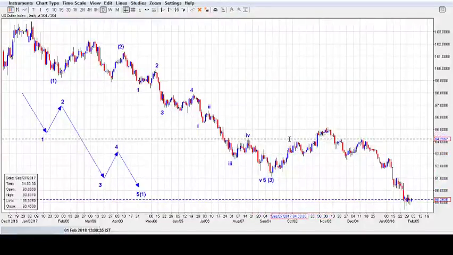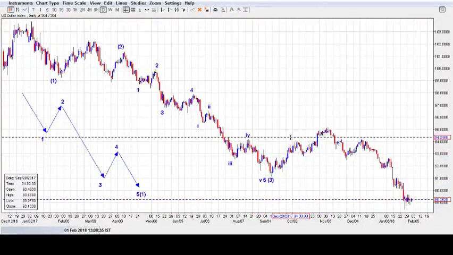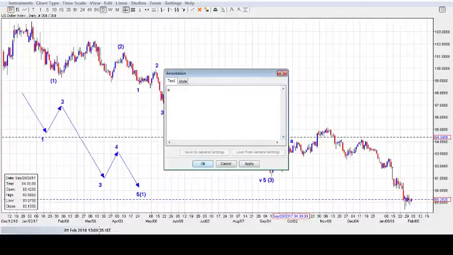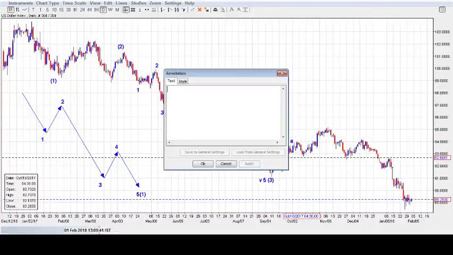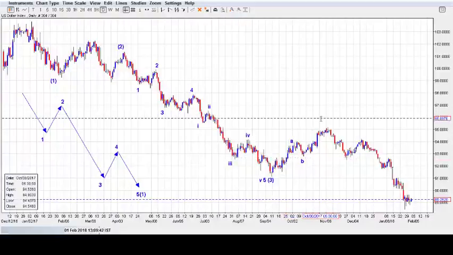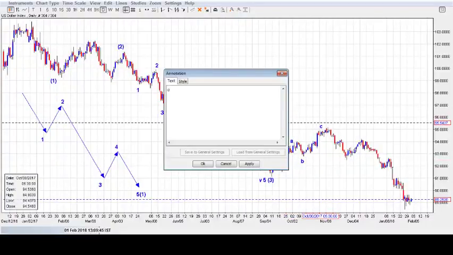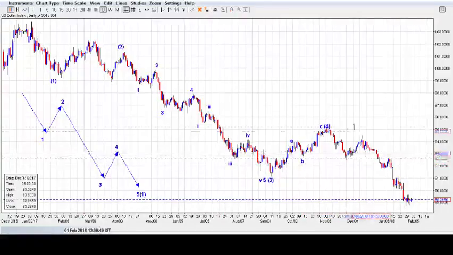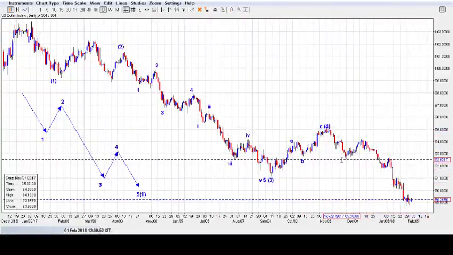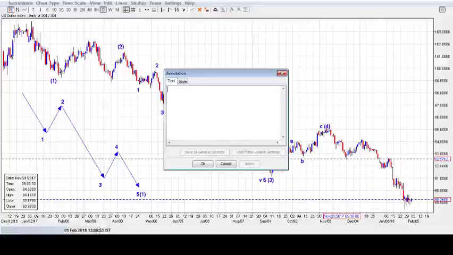You understand? Okay. Then the wave 4 would terminate into 3 waves. So let's say that is your A, and then you've got a B and C, the same degree, higher degree wave 4, and then wave 5.